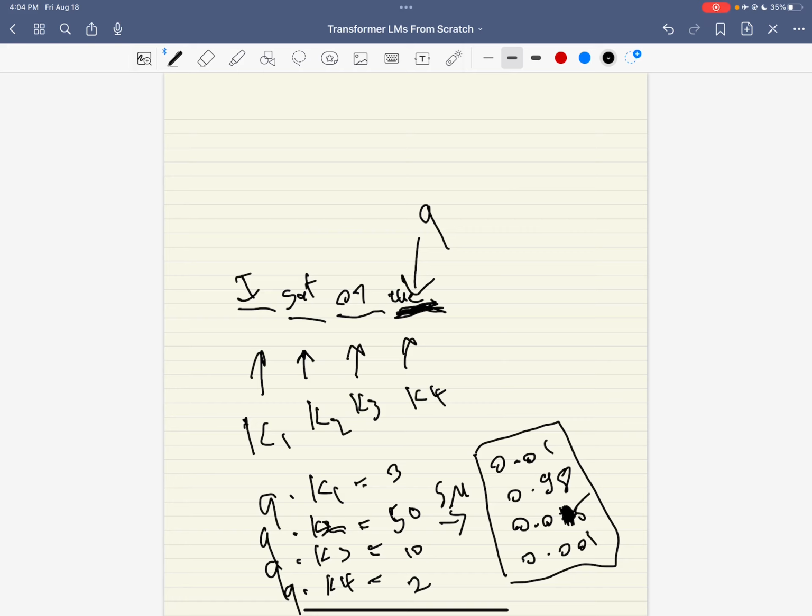Our whole point here was that we wanted to produce a vector to represent this entire input sequence. We wanted to produce a vector of size 1,000 to represent this input sequence of 4 words. And here's how we just did it.